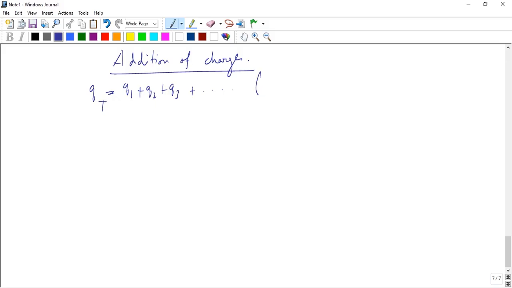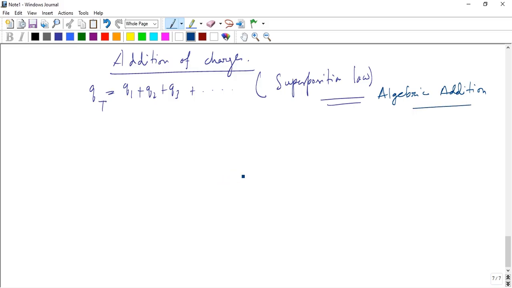They obey the superposition law: simple algebraic addition. If Q1 is plus 5, Q2 is minus 2, and Q3 is plus 1, then we get Q total by simple addition.